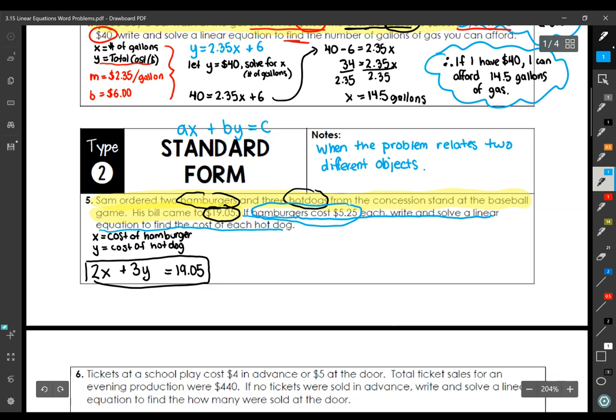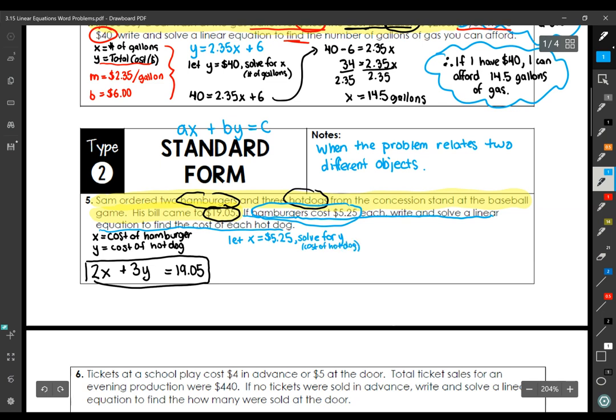And I said hamburger would be X. So I'm going to say let X equal $5.25. And we're going to solve for Y. And remember, Y is the cost of a hot dog.